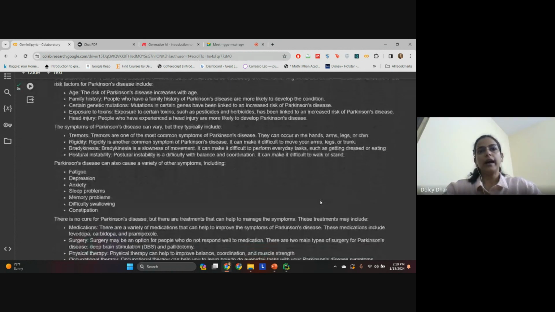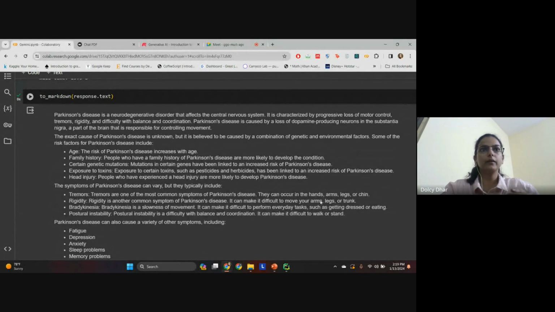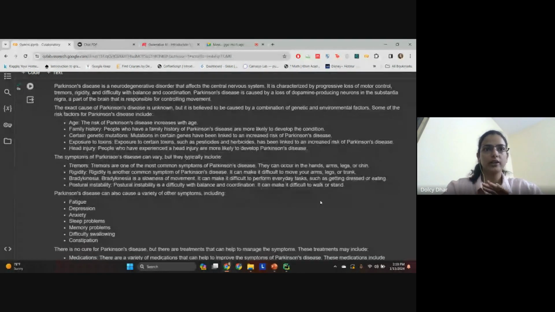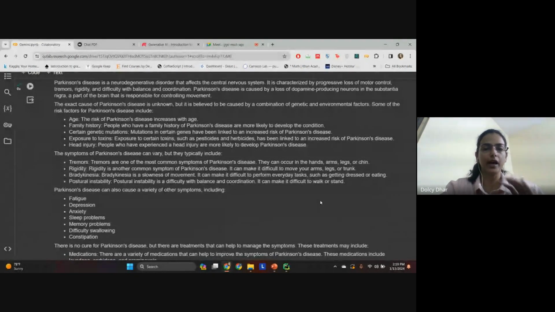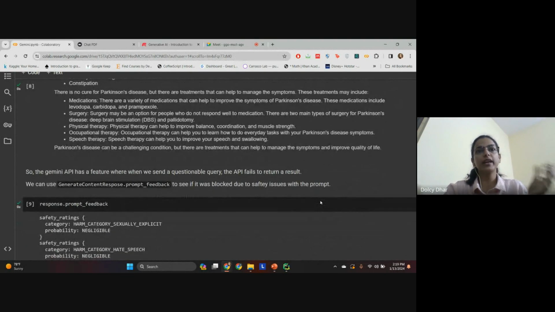I want to comment that Gemini Pro does a very good job in text generation. You can see it has given a very detailed answer. But the most important thing that I found very interesting was the Gemini Pro Vision model, which takes into account both the image and text, so you can have multimodal inputs.